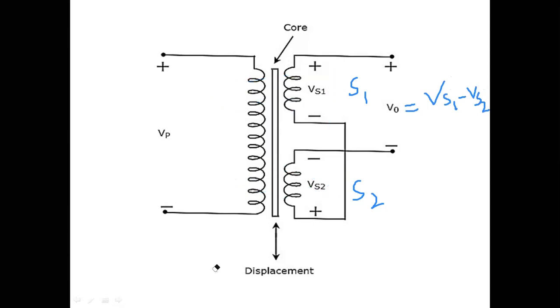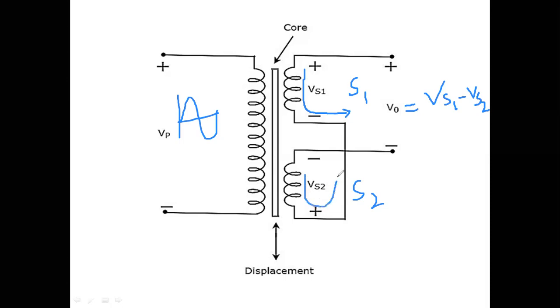Because during positive half cycle of input, this is the direction of current through Vs1, and this is direction of current through Vs2.